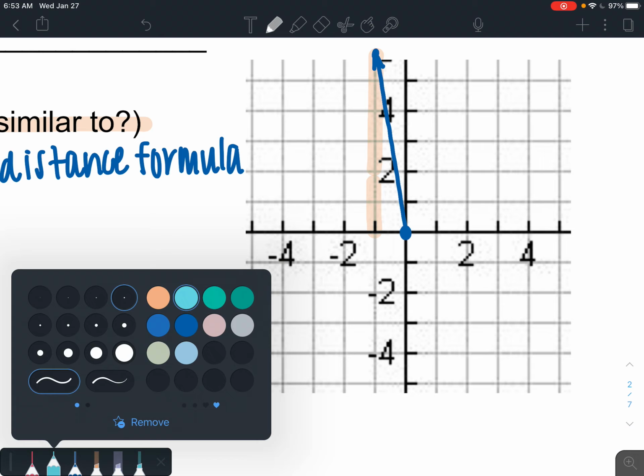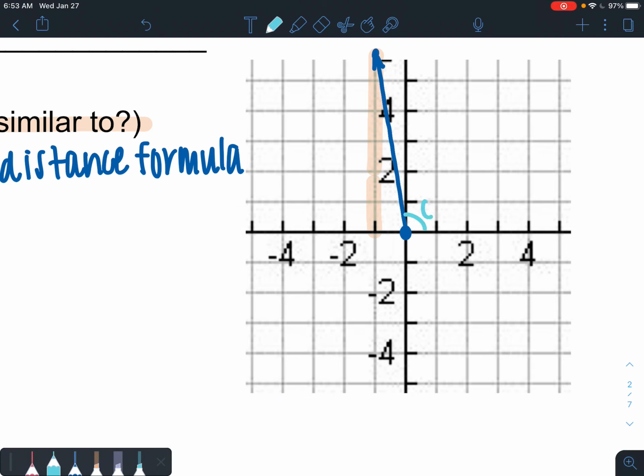And we'll call this alpha, and then this is, what am I doing? Okay, we're trying to find theta right here. So I know that this is 1 and this is 5.